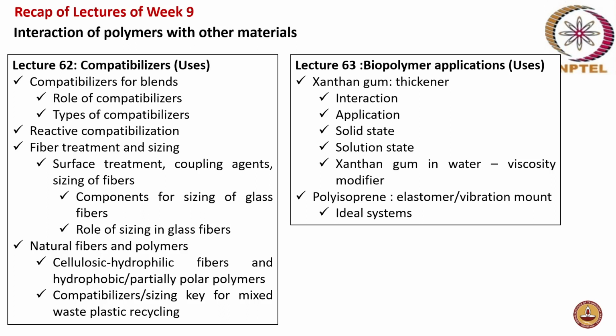And the compare and contrast between xanthan gum, where interaction plays a very vital role in its application, whereas in polyisoprene there is no bigger interaction between the macromolecules, but it is the segmental mobility and the ideal behavior that play a vital role in its application, was discussed.